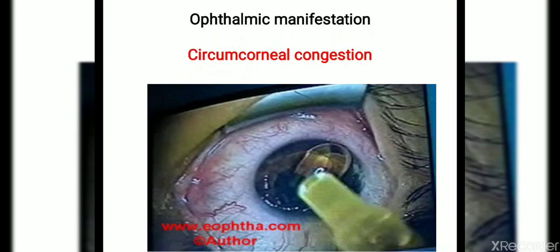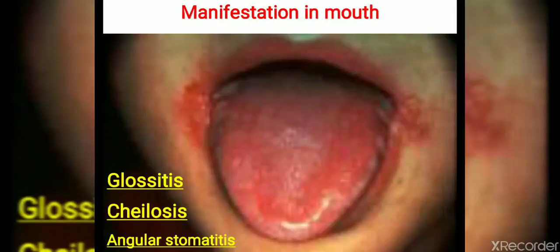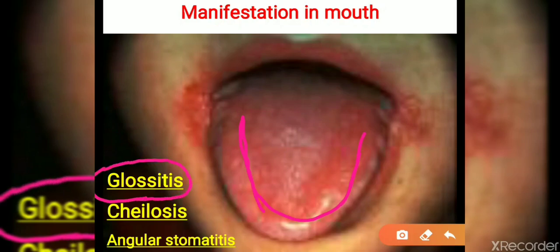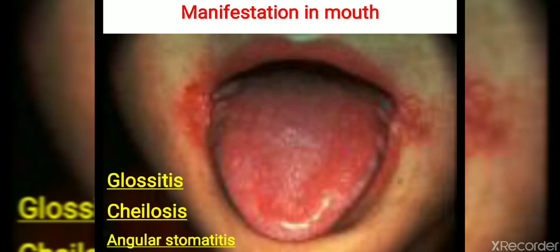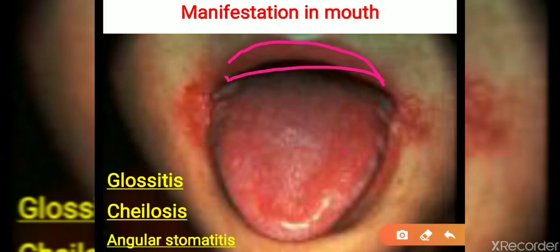So let's see the oral manifestation. The patient may develop an erythematous, edematous tongue, and this feature is known as glossitis. So glossitis means erythematous, edematous tongue. The lip may also develop reddish discoloration, and that feature is known as cheilosis.